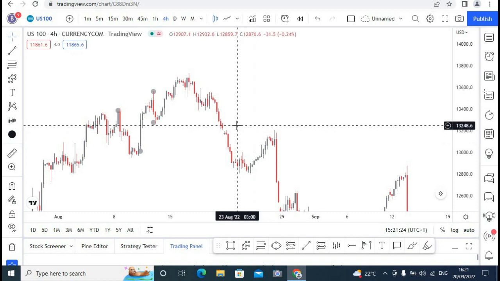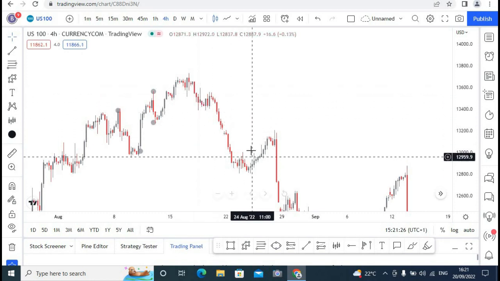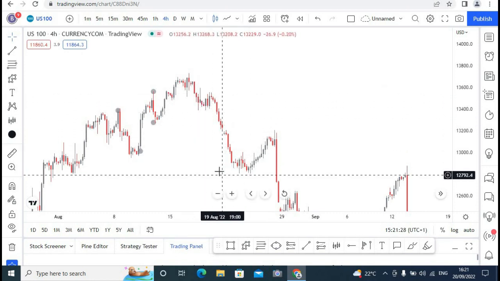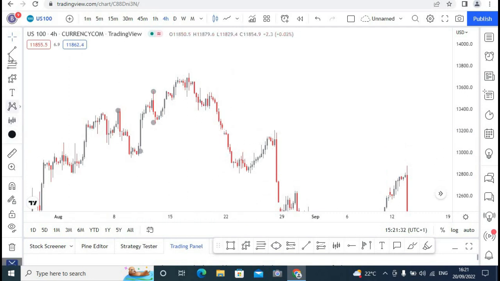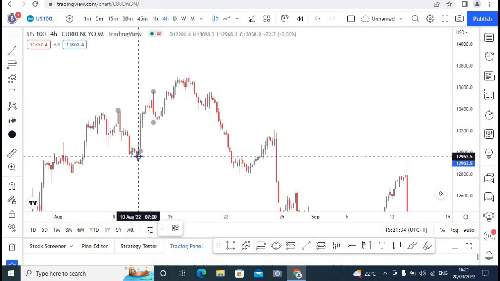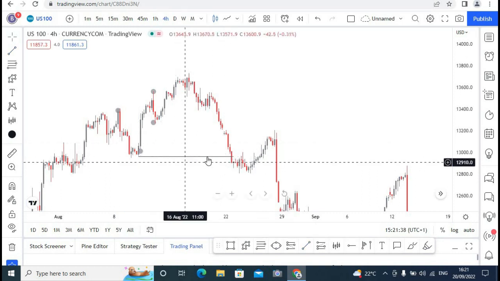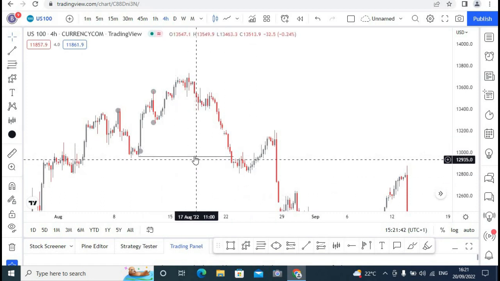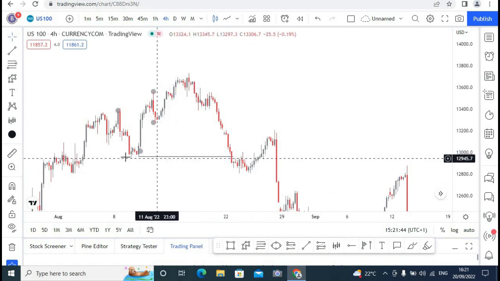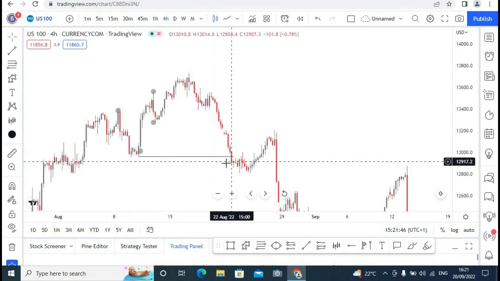Now they're going down, right? You have to understand now the price is going down, so they will be creating new lower lows and new lower highs. So you can see here they took out this previous higher low, right, which helps us to understand that the price is still going to the downside.